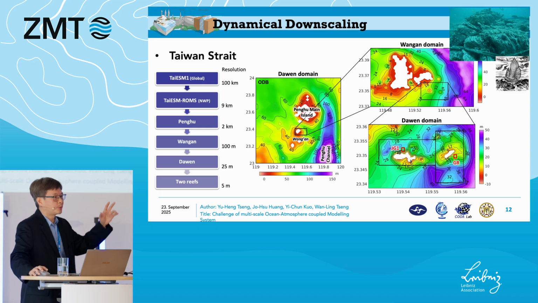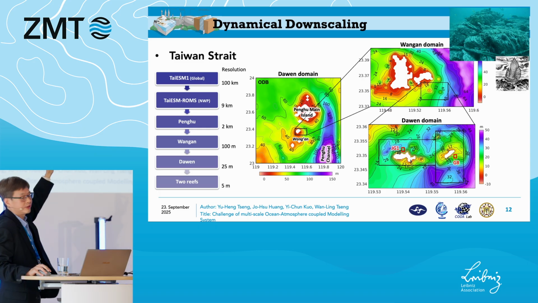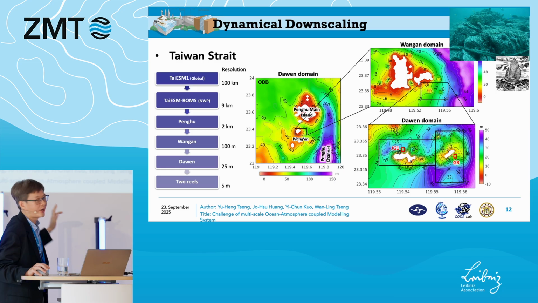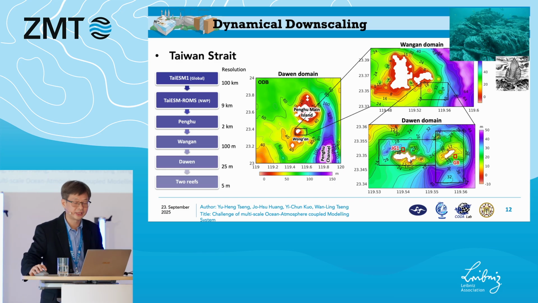Basically, we downscale from TropEcS, which is an Earth system model at around 1 kilometer. We downscale to 9 kilometers, as I just mentioned. Then we go to 2 kilometers in the Penghu region, then to the Magong River and 100 meter resolution, down to 5 meter resolution at the end.